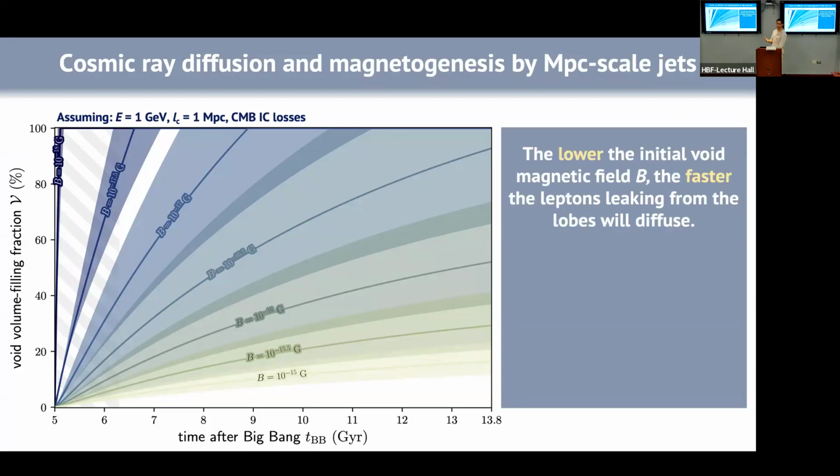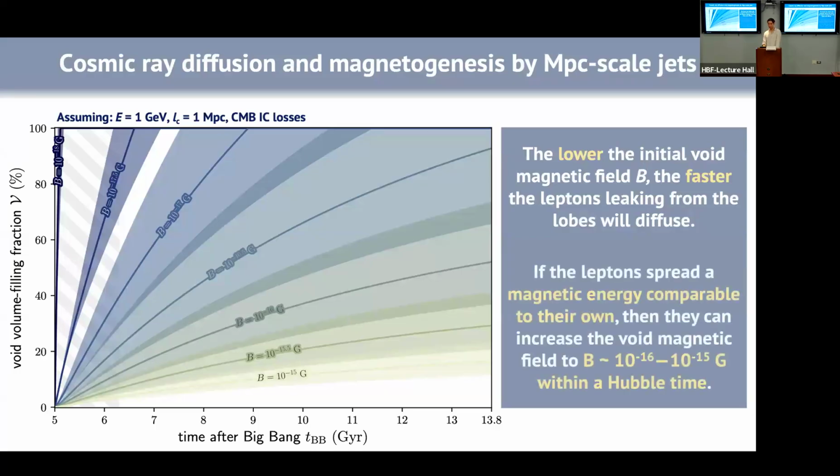So the conclusion is that the lower the field strength in the void initially is, the faster the leptons from the jets will diffuse. And if you calculate that the leptons carry a magnetic energy comparable to their own, then they indeed can fill voids with this kind of magnetic field strength.